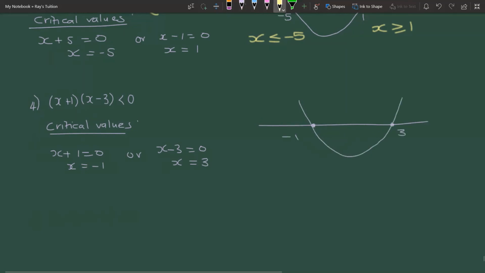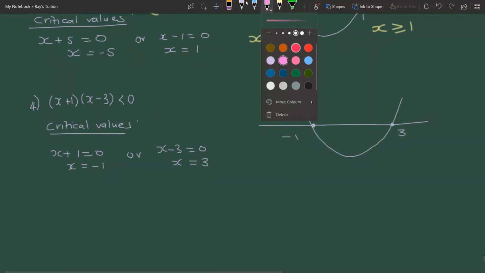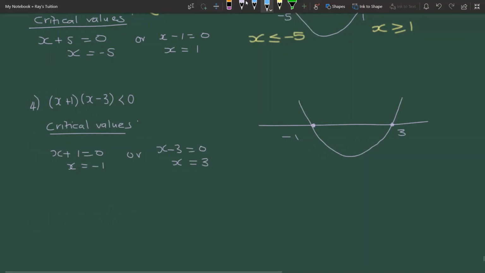And here we are looking for the values of x being less than 0. Which part of the parabola would that be? It's the bottom part. Less than 0 is below the x-axis. And then the inequality would correspond to those x values, so x is between -1 and 3. And once again, the original sign dictates whether these are strict inequalities or not.